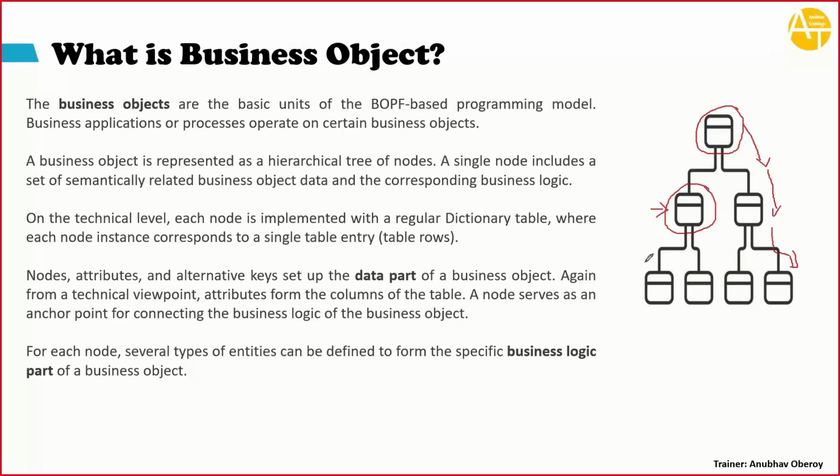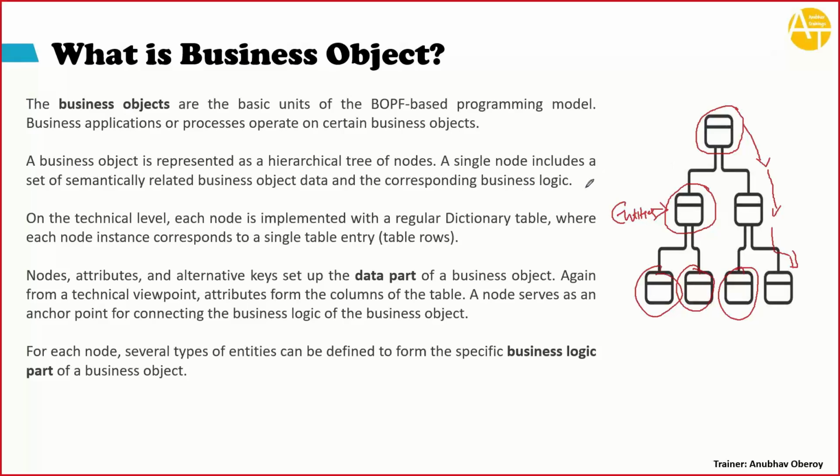This is a business object, this is a business object, this is a business object. It's a tree of lots of entities. This is how a business object is represented, and we will also have corresponding business logic for these business objects.